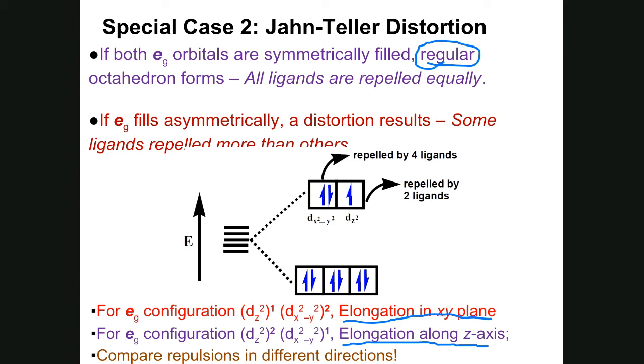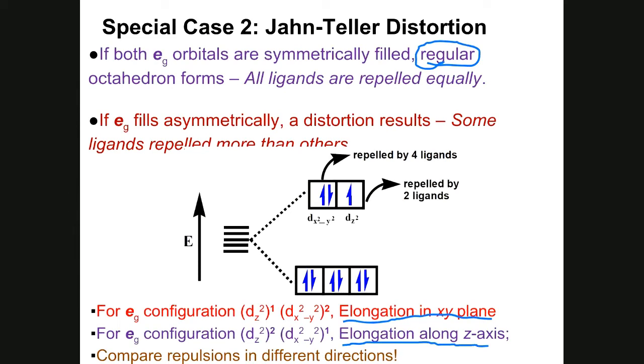So if those ones generate room, these ones come in. So you can see that in either case, whether the odd electron goes into here or in there, it causes some sort of a distortion. It elongates certain bonds and contracts certain bonds.